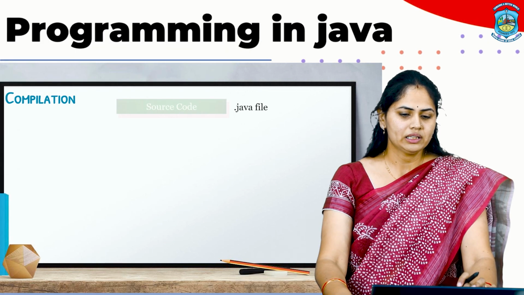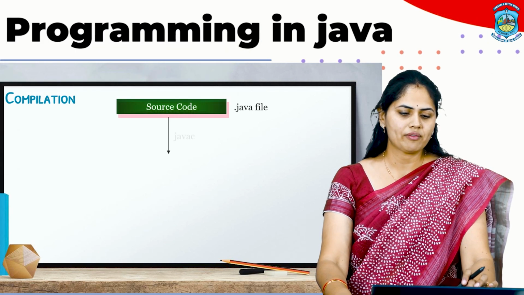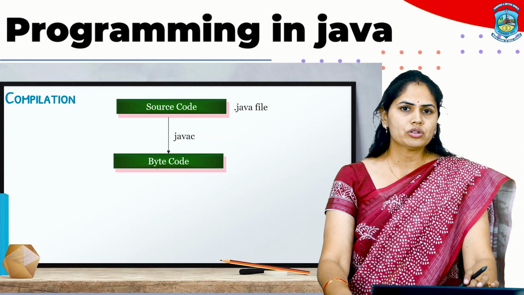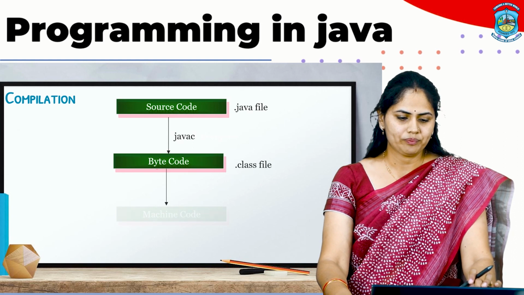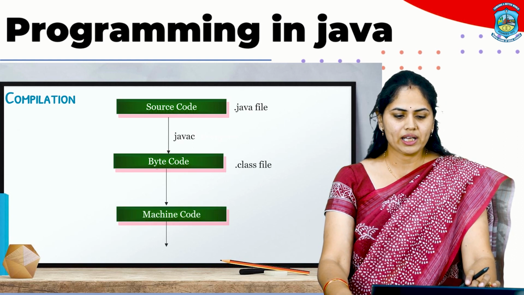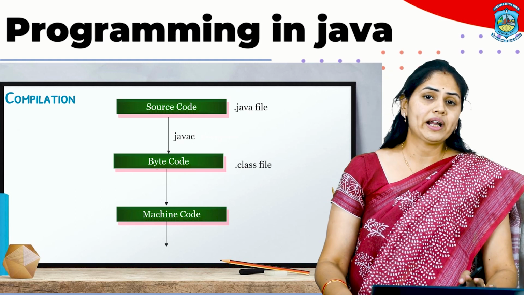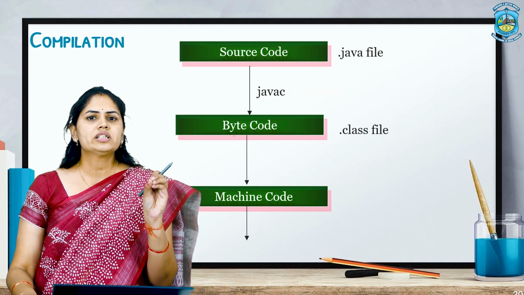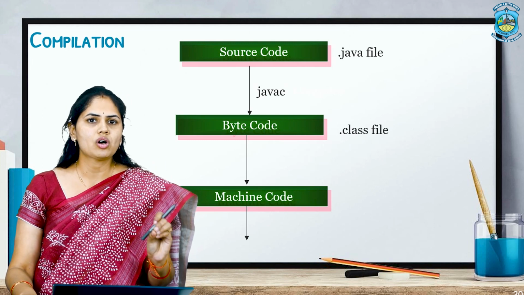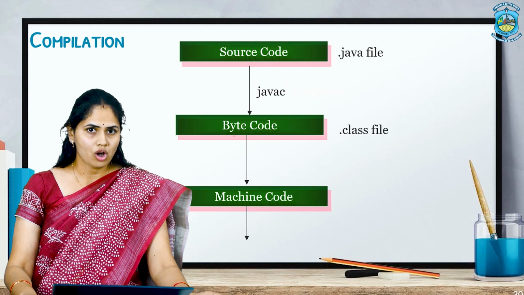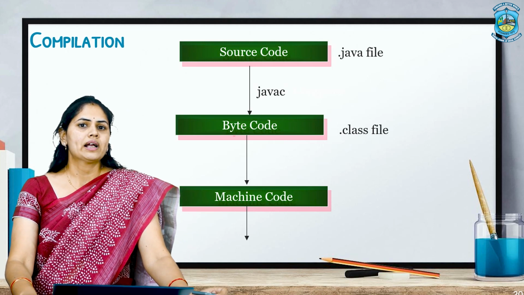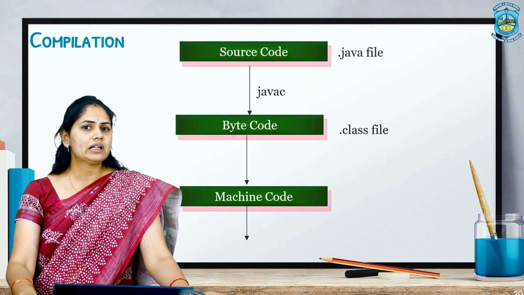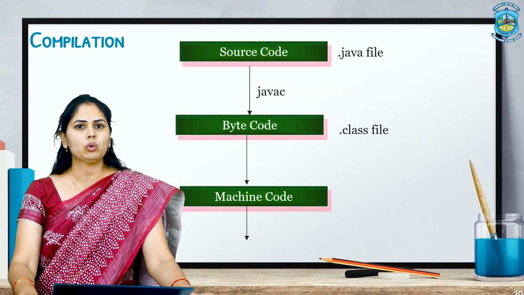Now to see the compilation of a Java program. How to compile a Java program. The very first thing is, when we write the program, we'll save it with the .java extension, and that Java file is also called source code. The compiler will take this source code and convert it into bytecode.